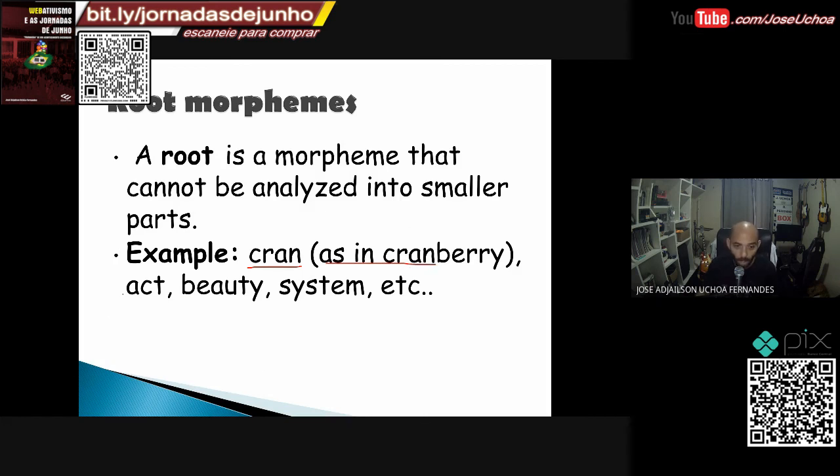Or act, or beauty, or system, okay? You cannot split it. Teacher, cranberry is not berry the root? Well, we have two roots here. We have cran as a root and berry as another root, okay?